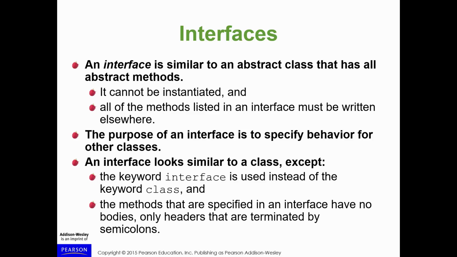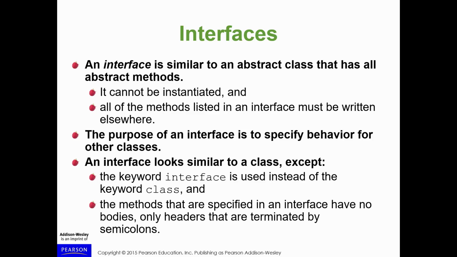There are other programming languages like C++ that support multiple inheritance, where a child object can have more than one parent, but not Java, not C# either. They're both single inheritance. So sometimes it's like, well, I need to be able to get other stuff in there than what I have. So you don't create another class to inherit from.